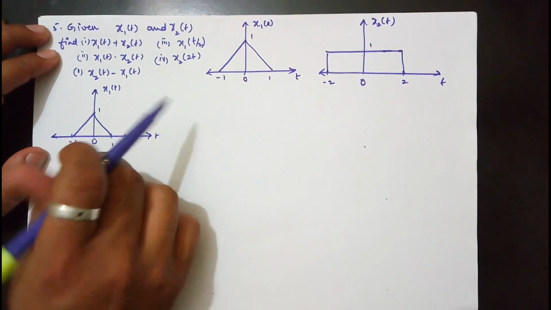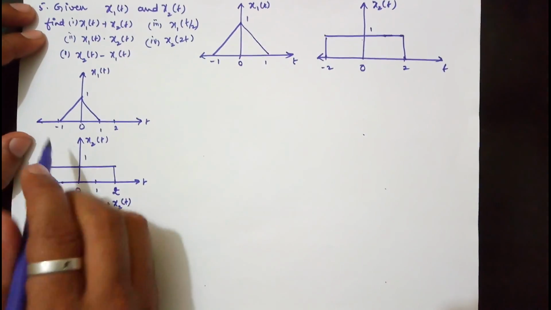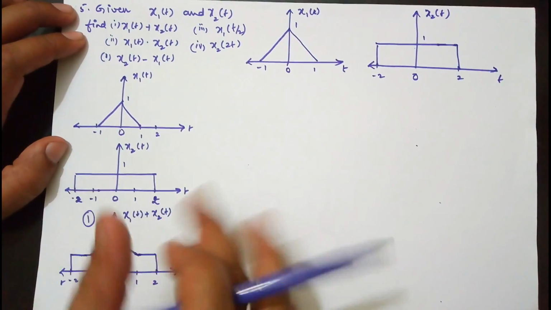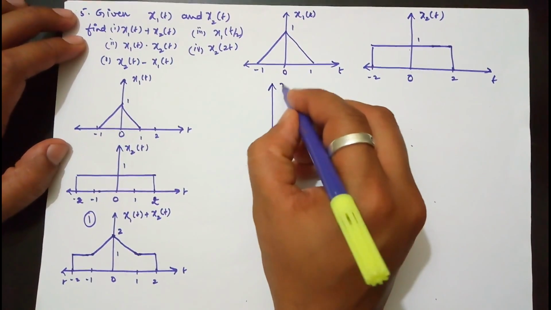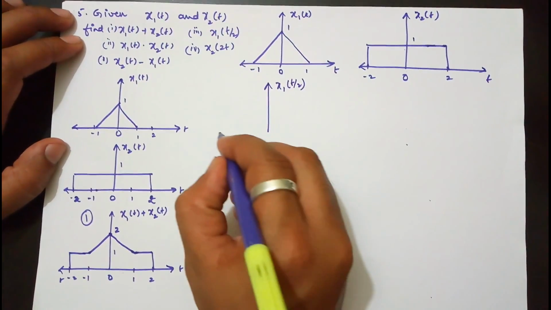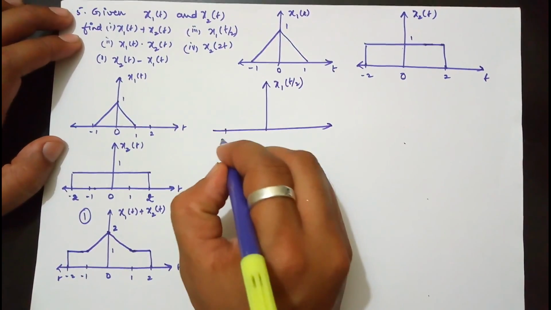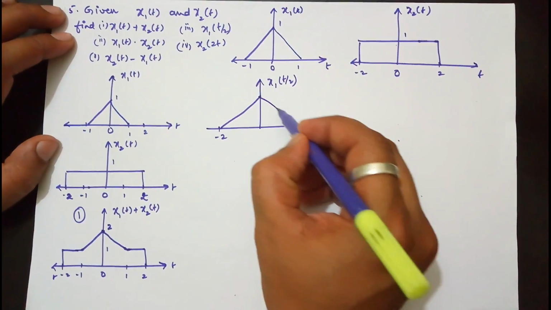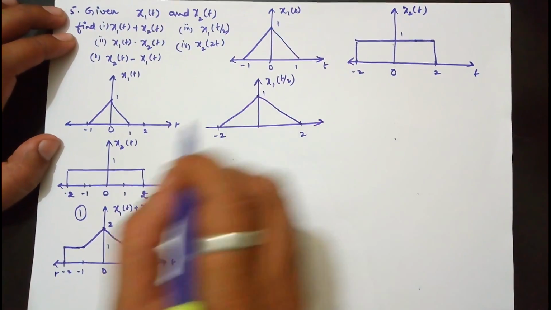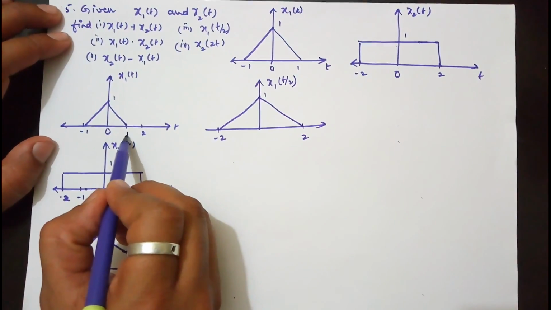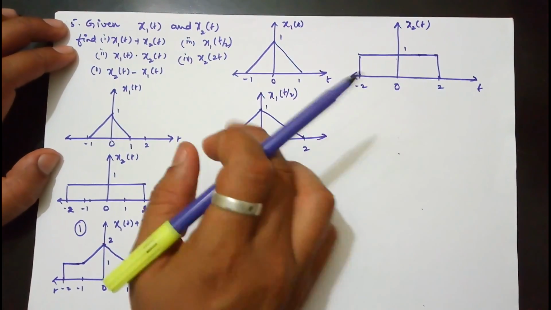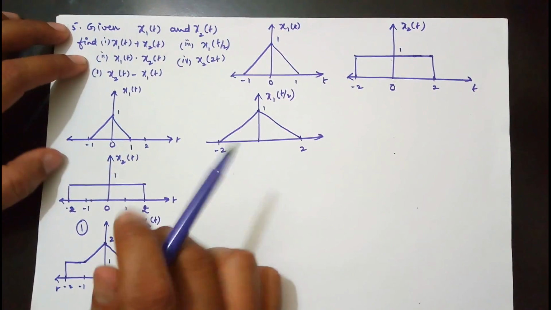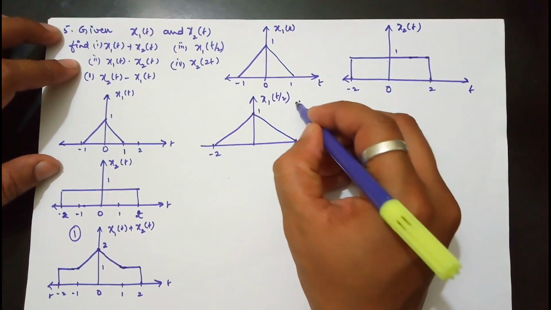That means the waveform which is present between -1 to 1 will be present between -2 to 2, but there will be no change in the amplitude, it will be 1. That means my scale got multiplied by 2, so you get an expanded version of the original signal, that is x1 of t.